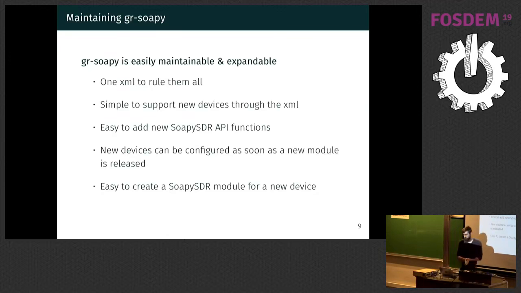Also, as I mentioned before, because the Soapy modules are independent of the SoapySDR main code, they can build separately. We don't need to rebuild everything over and over again, so it's pretty simple to create a new module to support a new device that is not even released right now, for example. And we believe that is very important.